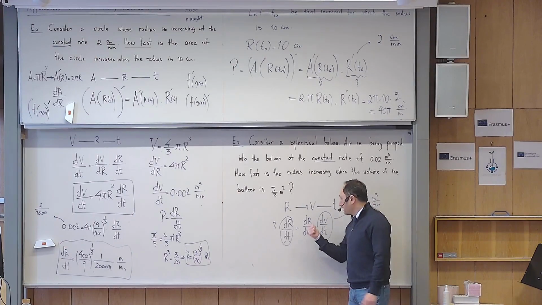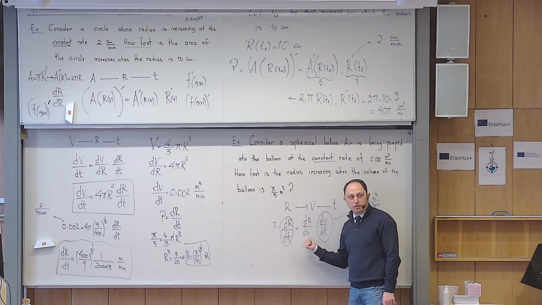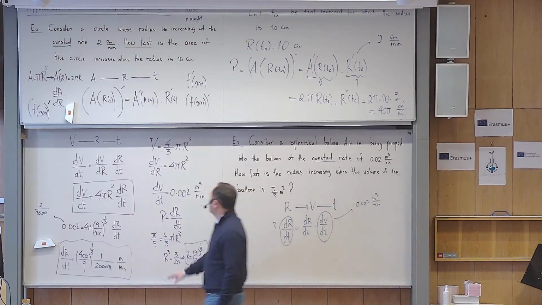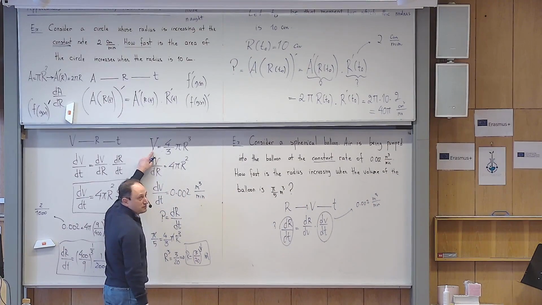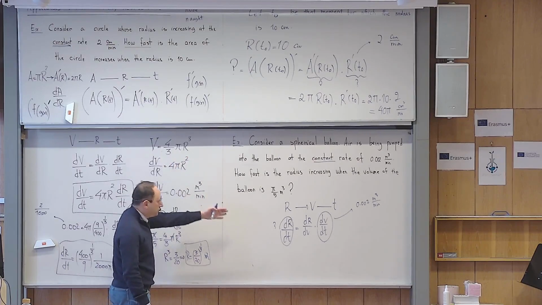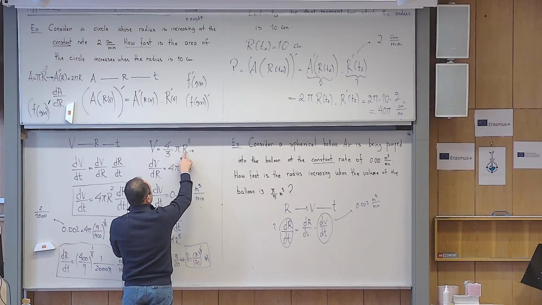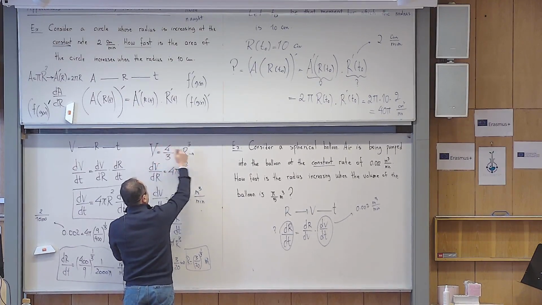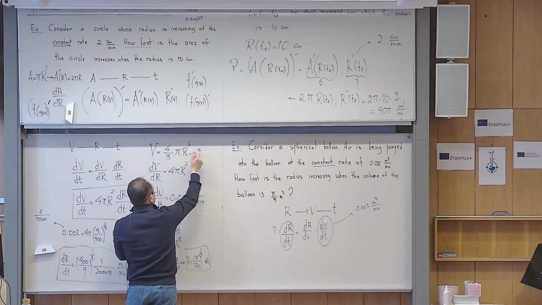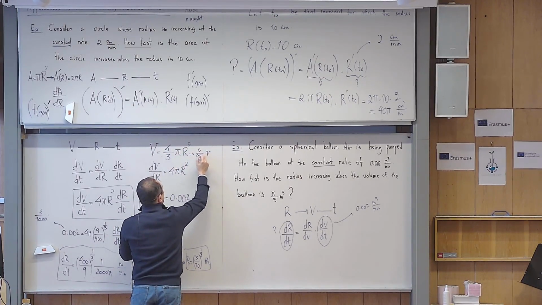This means that I have to express R as a function of V, not V as a function of R. But the usual formula is this one, which expresses V as a function of R. If you insist, you go to the formula sheet, then you find R as a function of V. How should I write that? I multiply by 3, divide by 4π, and then take the cubic root.